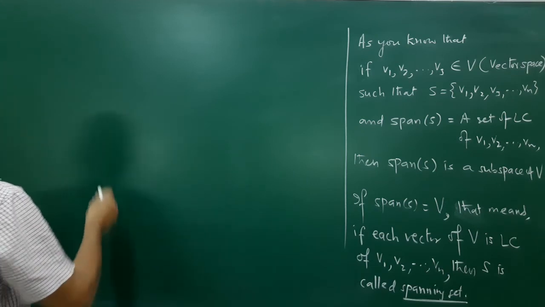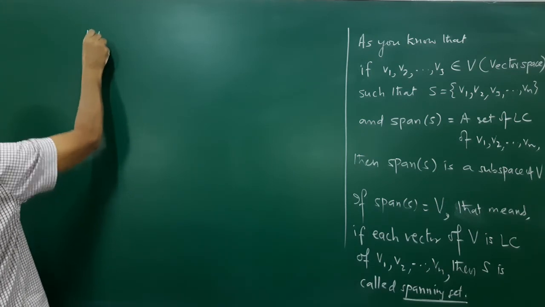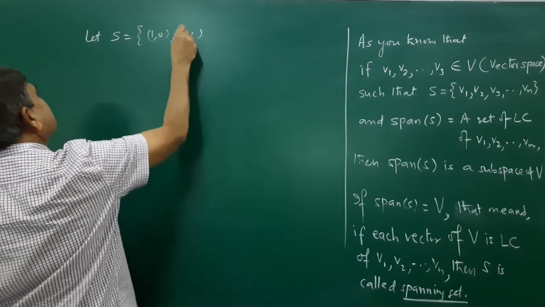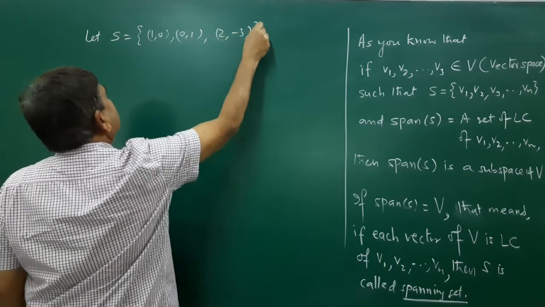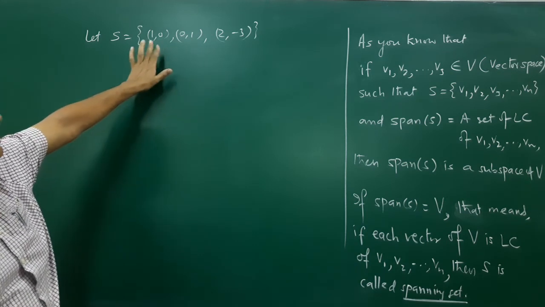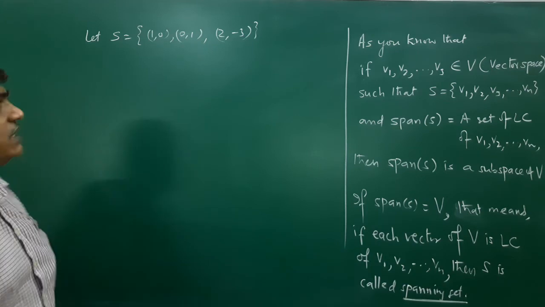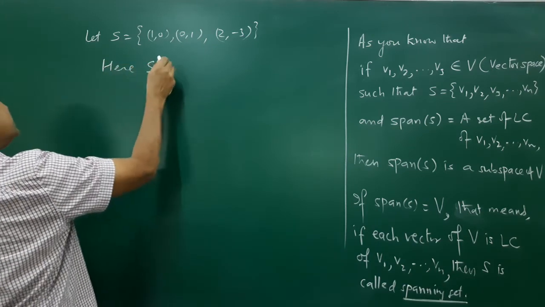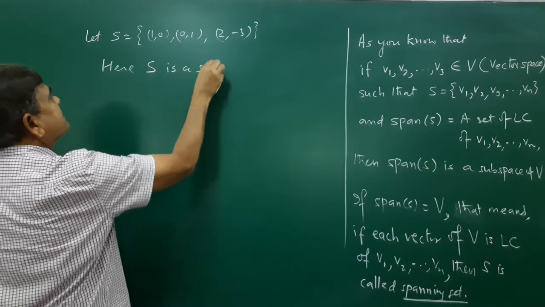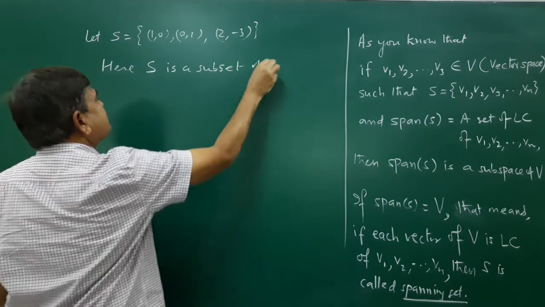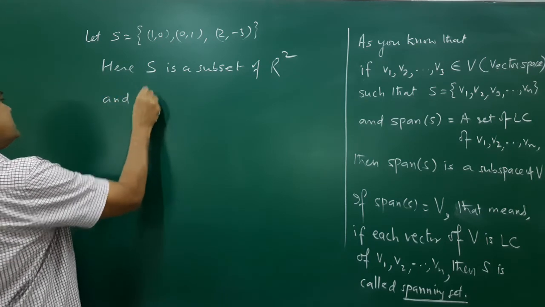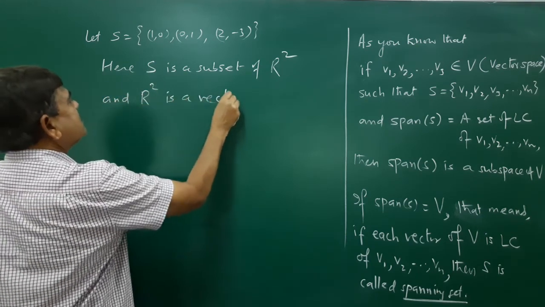Now listen, let S be a set having three members: (1,0), (0,1), (2,-3). This is a subset of R square, and R square is a vector space.